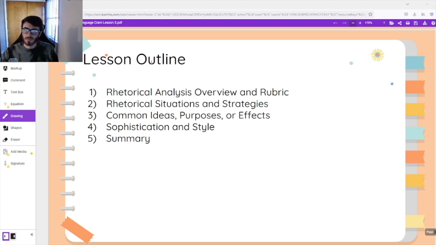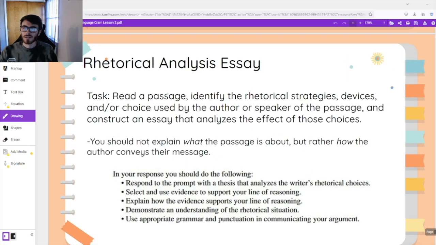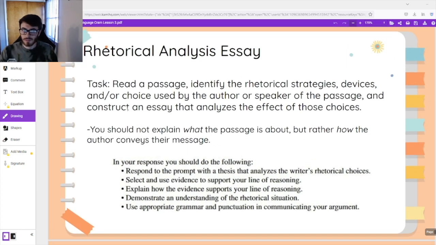We will start by talking about the rhetorical analysis essay. So your task for the rhetorical analysis essay is to read a passage that's provided to you, identify the rhetorical strategies, devices, or choices used by the author of that passage or the speaker if it's a speech, and construct an essay that analyzes the effect of those choices.